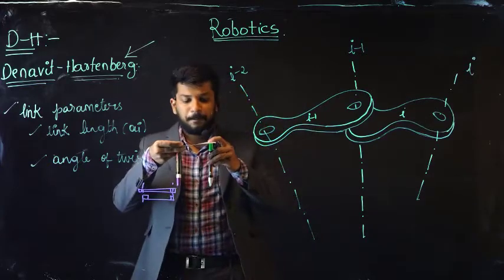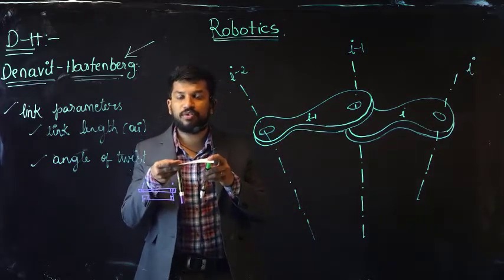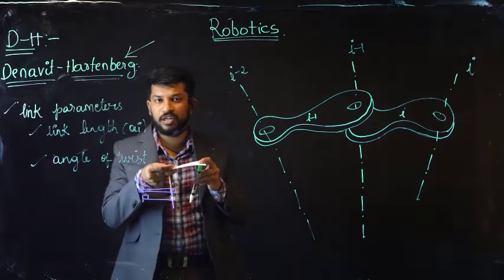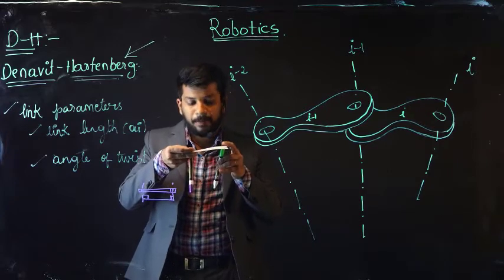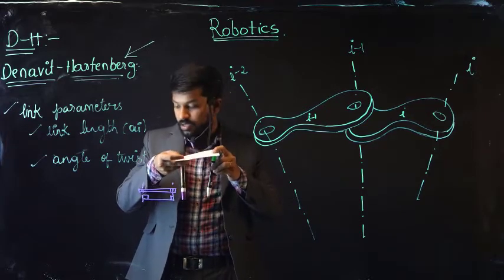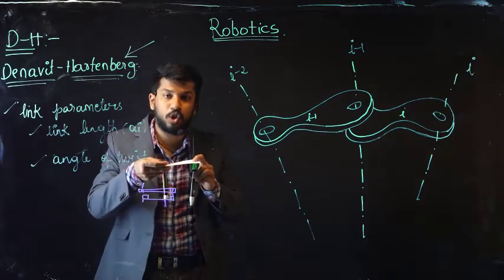Now these two lines are non-coplanar lines. For that, if you remember your 3D geometry that you learnt in plus 1 and plus 2, you identify one common line which is perpendicular to both these axes. That line is commonly termed a skew line.